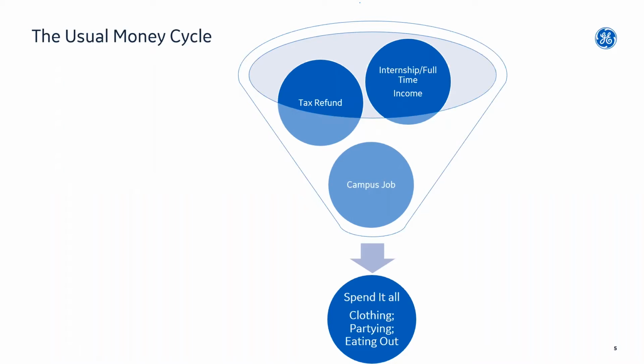If you continue through this usual money cycle where everything that comes in goes out, that's a recipe for disaster. I'm not sure if you saw our quote at the beginning of the presentation, but it states that if you're not intentionally trying to get wealthy, you'll likely end up accidentally poor.